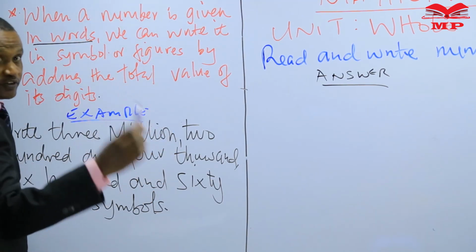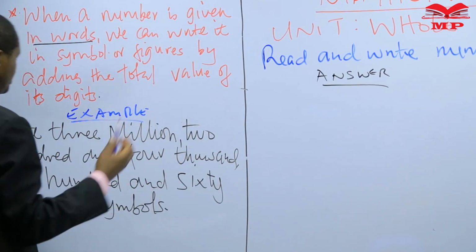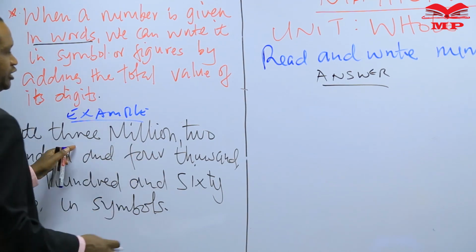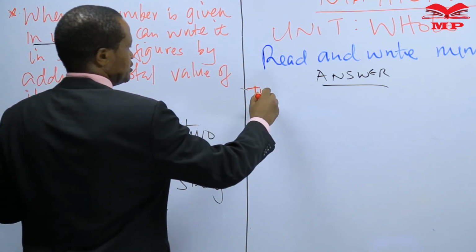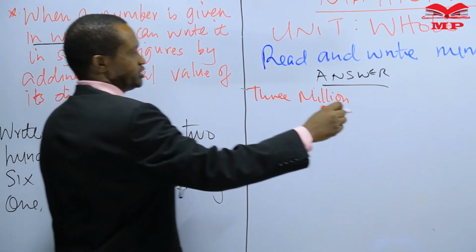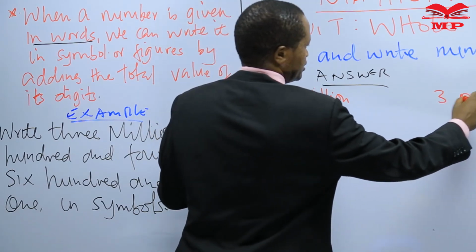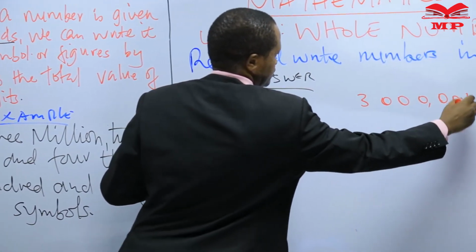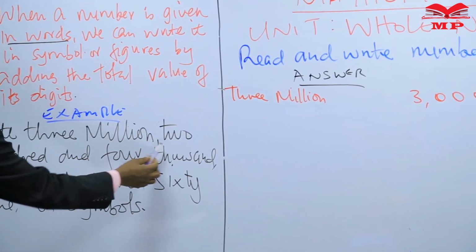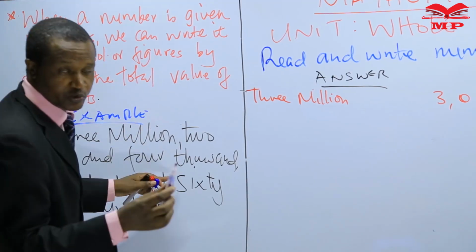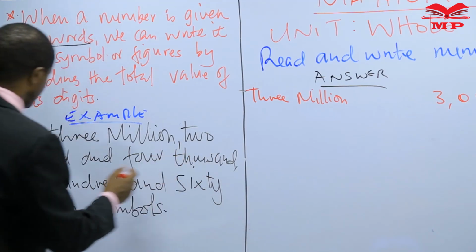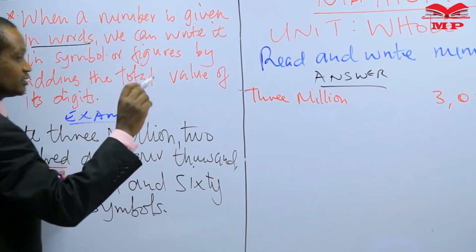we first get the total values, then we add the total values. So here we have 3 million. The total value is 3 million. Then 204,000. So we have 200,000.